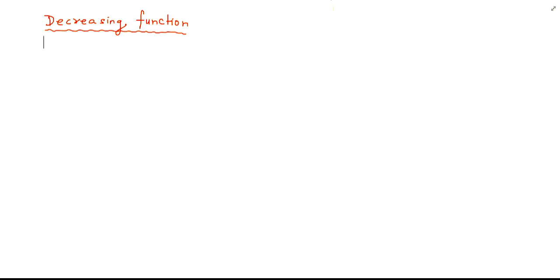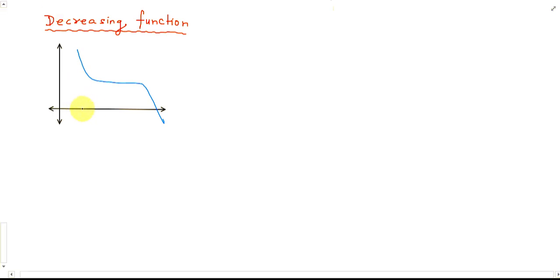Let's take a graph. Now let's take any 2 points on the x-axis.